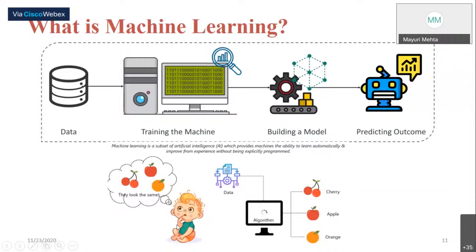But over a period of time, when they grow and observe the things around them, they learn. Sometimes they learn from parents, sometimes from friends, sometimes from teachers, and sometimes on their own. Through observation and analysis, they learn which is orange, which is apple, which is cherry, right? So this is how machine learning works.